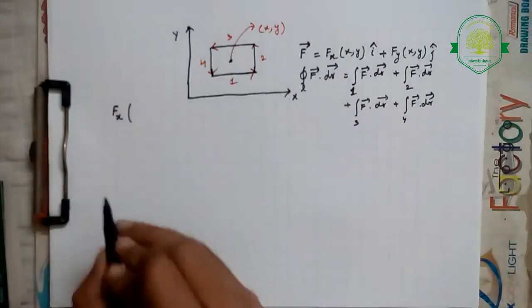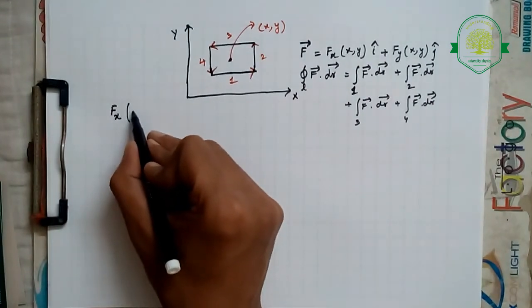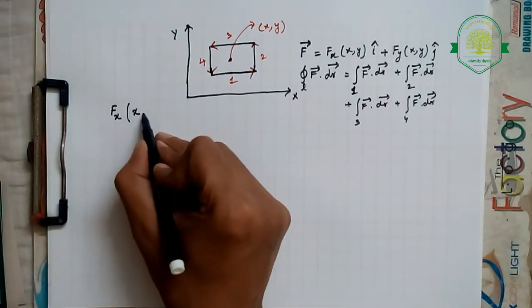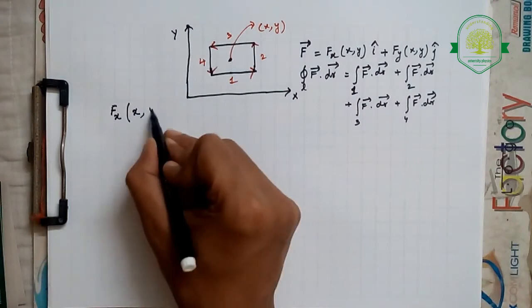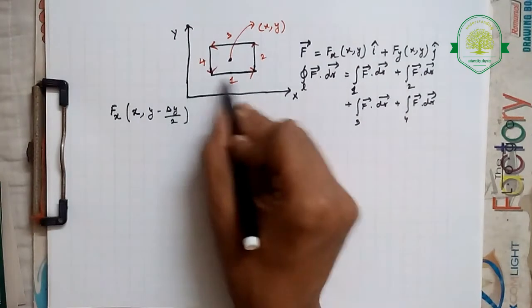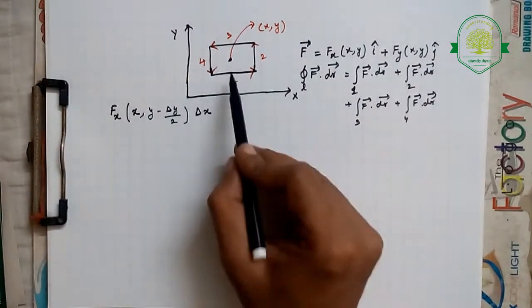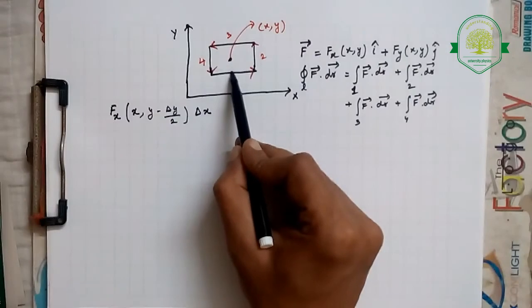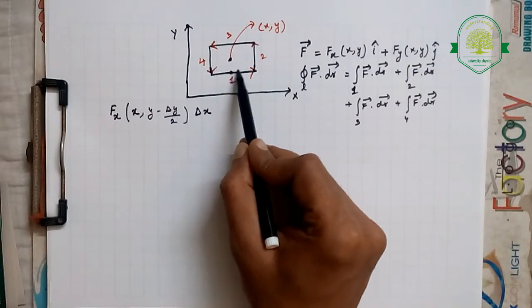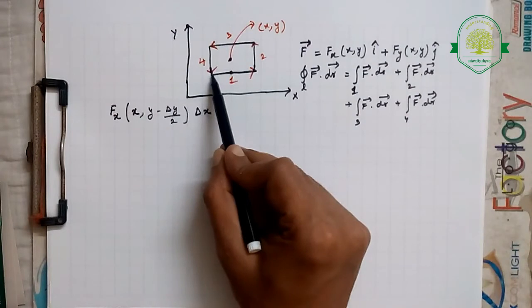So that just becomes f of x at x comma y minus delta y over 2, and the length of this line is just delta x. So the center of this line is x comma y minus delta y over 2, and the value of fx at this point, we assume that is the value of fx throughout this line.